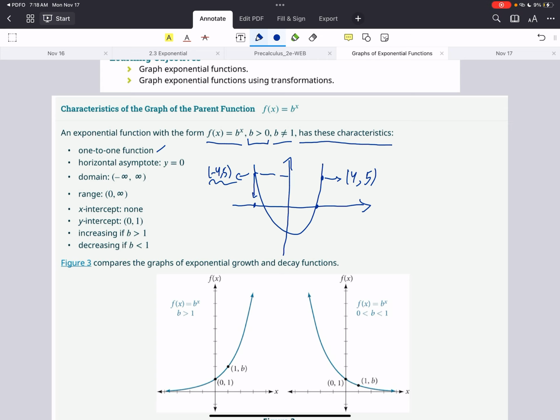These two points share the same y coordinate, which is 5, but have different x values. And in this case, it's not a one-to-one function. But the easiest way to test whether a graph is a one-to-one function is to simply draw a horizontal line. If it crosses through 2 points, that means we do not have a one-to-one function.